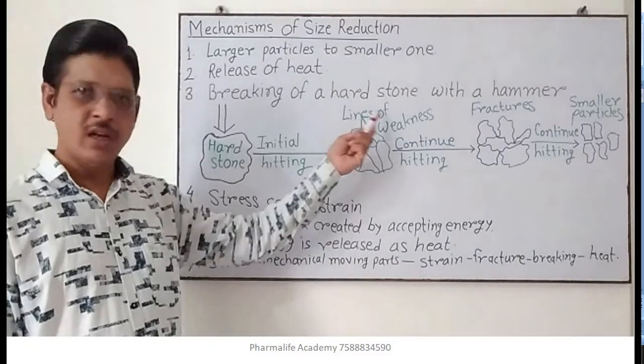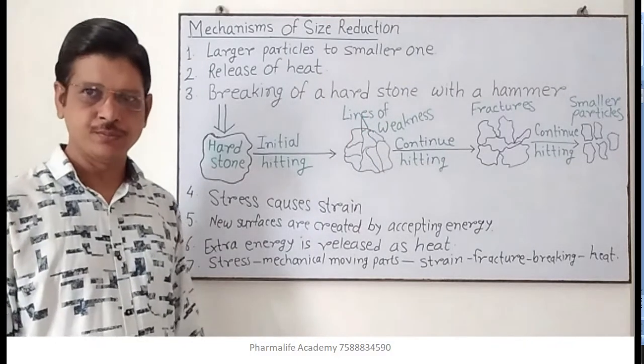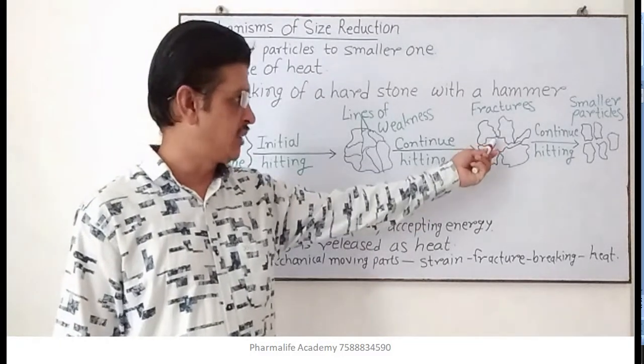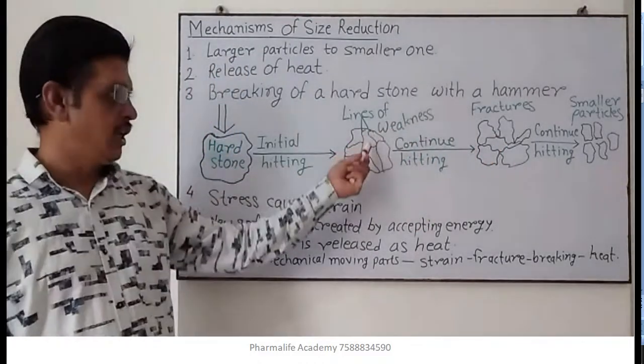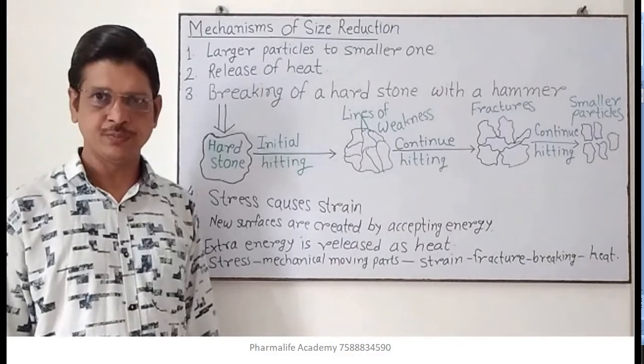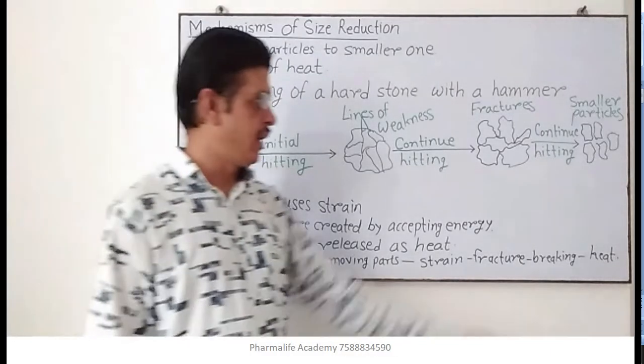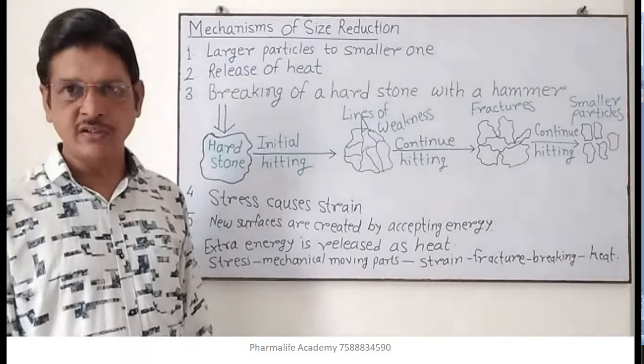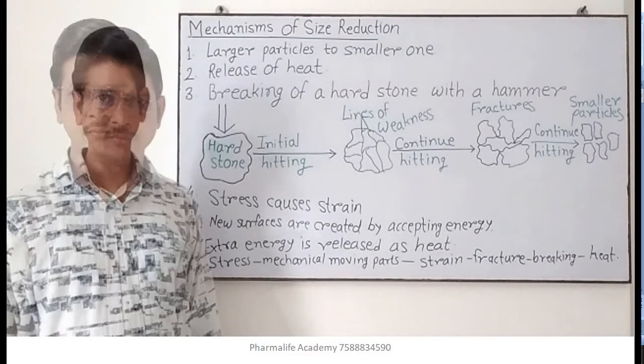These lines are known as lines of weakness. If we continue hitting, fractures are formed along the lines of weakness. On further hitting, smaller particles will form, that is the size reduction.